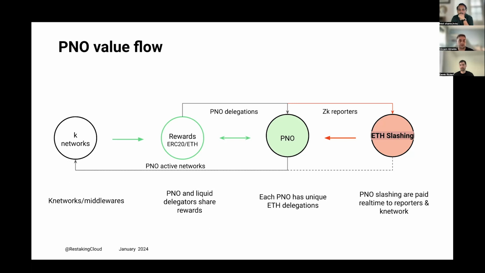From time to time, as a K network, you just pay to the fund splitter, and that takes care of who's in your network and how many liquid delegators there are. You don't have to worry about that. You're just injecting the rewards that you agree on, and you can coordinate things like snapshot votes how you want, outside of the contracts. So there's not a lot of contract complexity here, but it makes coordination really easy.